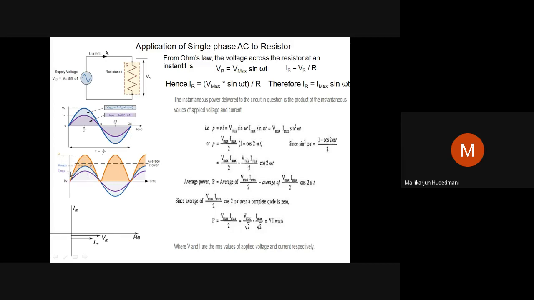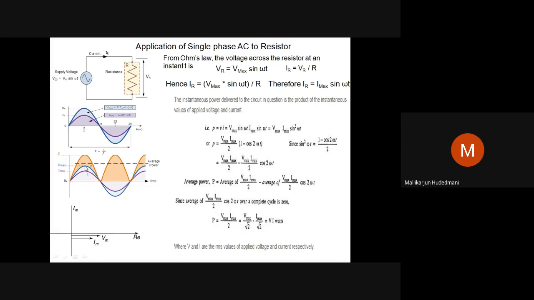The power wave, which is orange or brown in color, is V into I, instantaneous voltage into instantaneous current. How is it done? At the 0 mark here, both the quantities are 0, so the power curve is also 0. At this pi, both the quantities are 0, so it is 0. At the crest, at pi by 2, at 90 degrees, both the waves have peak value.